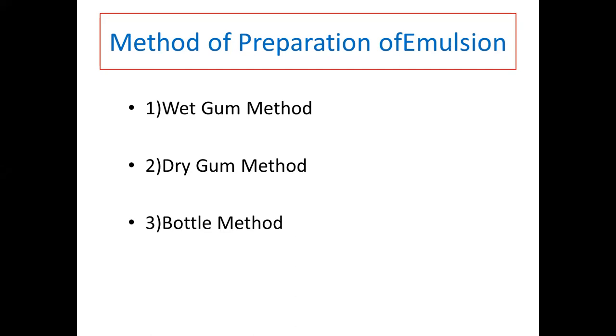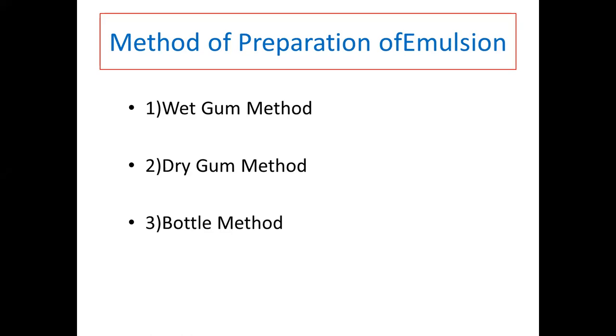2:2:1. Write down in your notebook. When the type of oil is fixed oil, the ratio of oil, water, and gum is 4:2:1. If the type of oil is volatile oil, the ratio will be 2:2:1, that is oil 2, water 2, and gum 1.